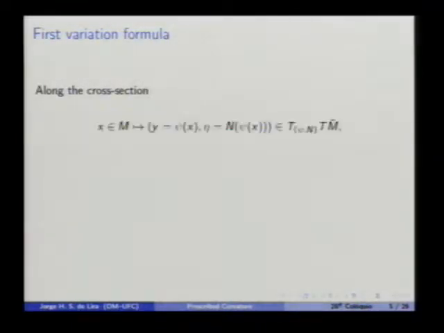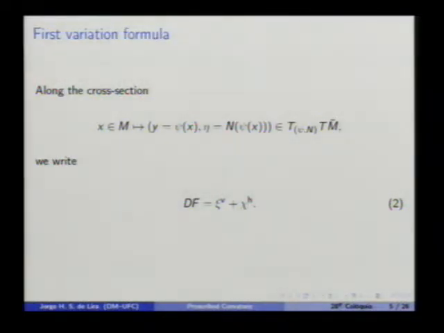Given this functional, it requires deriving a first variational formula for it. So you first consider this cross section into the tangent bundle, the position of the hypersurface and the normal along the hypersurface, and you write along this section the first derivative of f. This, of course, is a vector field into the tangent bundle.